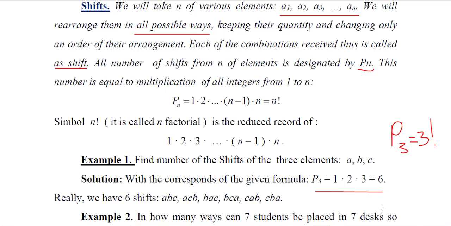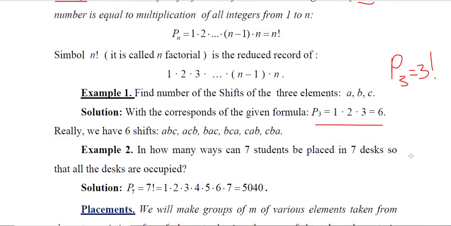So it means we have 6 shifts. They are A, B, C, first one, A, C, B, and B, A, C. Then B, C, A, C, A, B, and C, B, A. All possible ways to change order of these 3 letters.